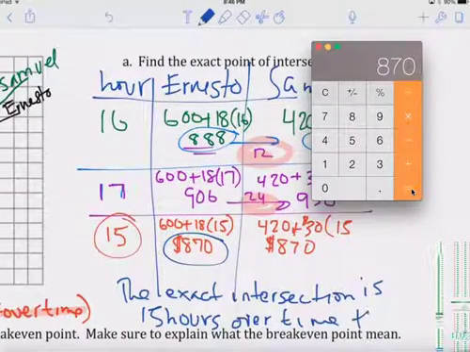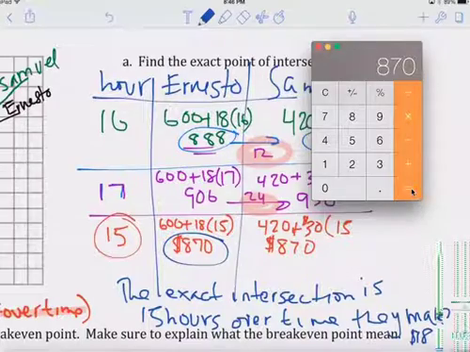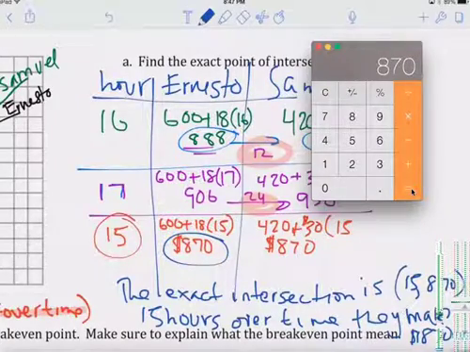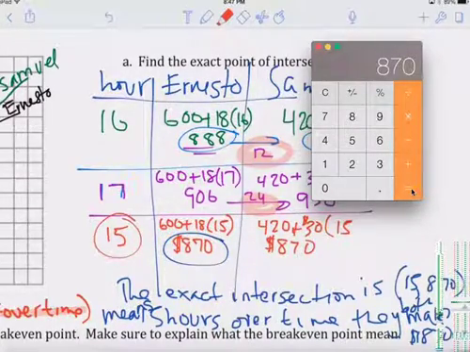They both will make $870. The exact is $870. No, 15, I need to put in the numbers here, sorry. 15 and 870. Means at 15 hours they both make $870. But the exact intersection is this. Okay?